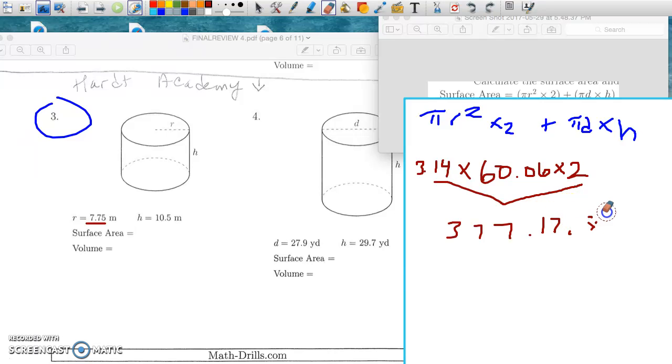I'm just going to make it easier. Take these off. There I go. So remember, I could have rounded up to 377.2 instead of just leaving it at 377.17. But I'm okay if you just leave the last two digits, or if you just round this up. As long as you're in the ballpark and your whole number is correct, everything will be fine.